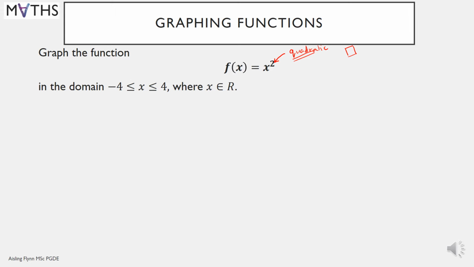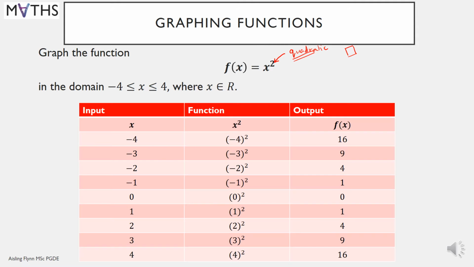So in the domain from -4 to +4 where x is a real number, we can do it by working out the table for all the inputs and getting the corresponding outputs. If you look at the first one there, x squared is gotten when you take your input -4 and you square it, it becomes +16.